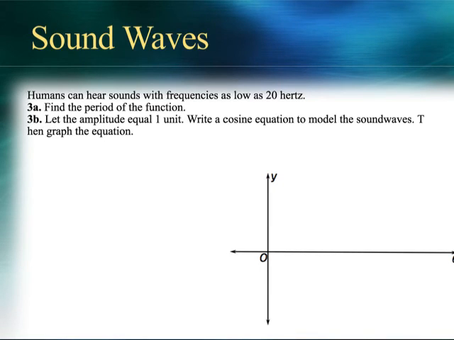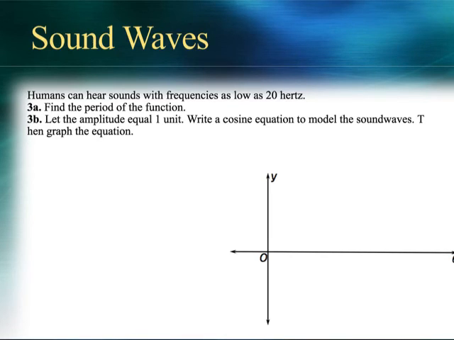For sound waves, to connect it to our graph of cosine and sine, humans hear sounds with frequencies as low as 20 hertz. So for 3A, it's asking us to convert the 20 hertz to 1 hertz, which would give us a period, 1 cycle.